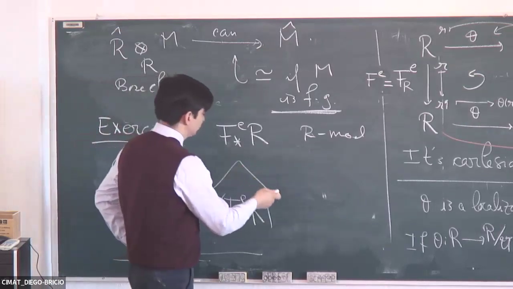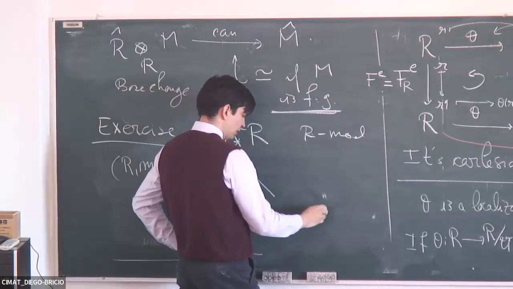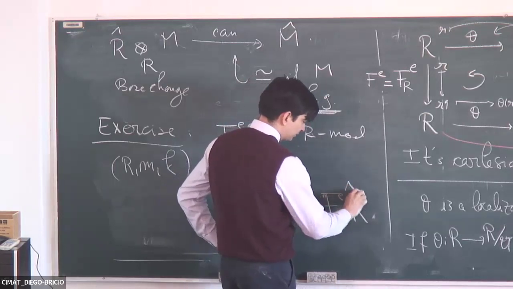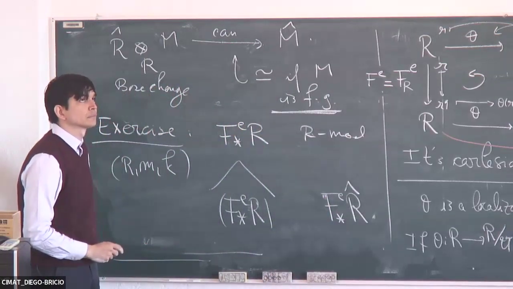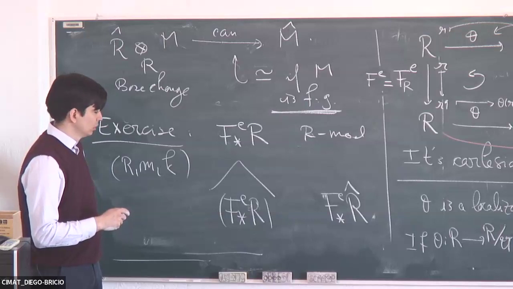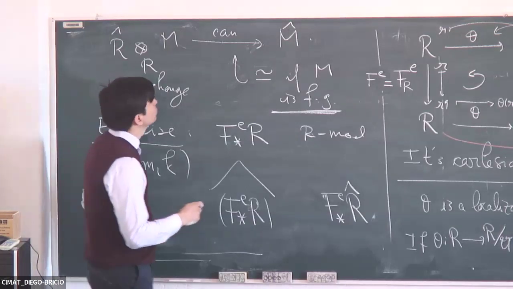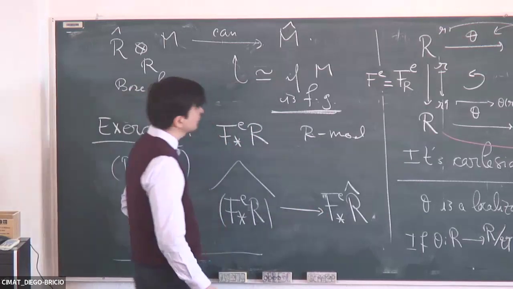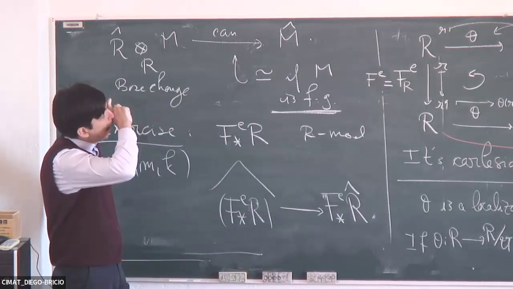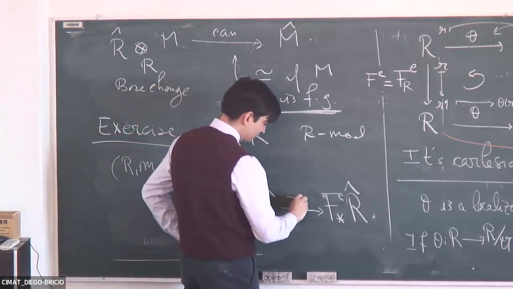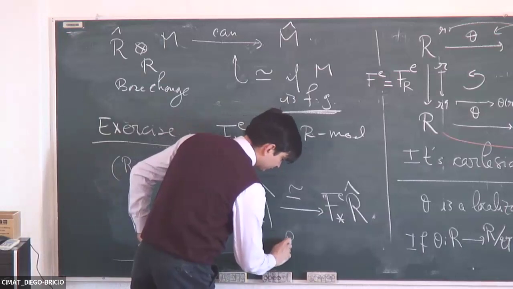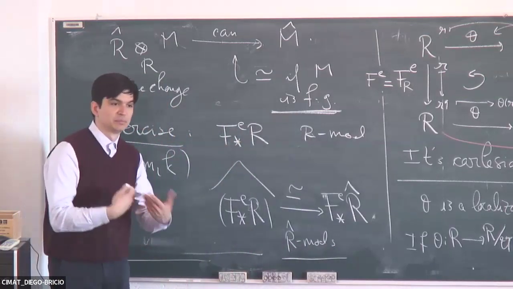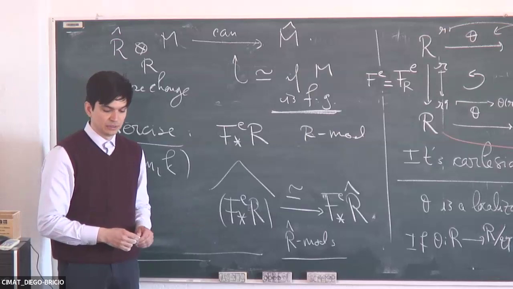There is a canonical map, and you can ask what is the relationship between this and the Frobenius of R hat. I'll let you define the canonical map, but there is an isomorphism of R hat modules. In other words, the Frobenius of the completion is the completion of the Frobenius.